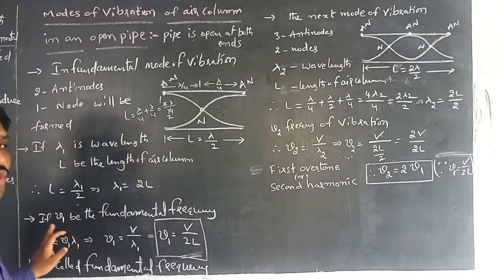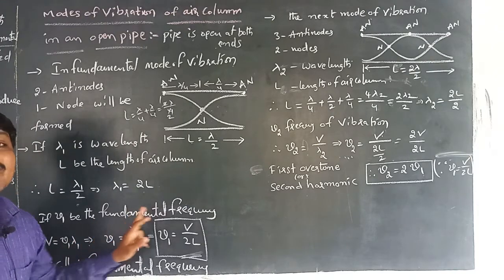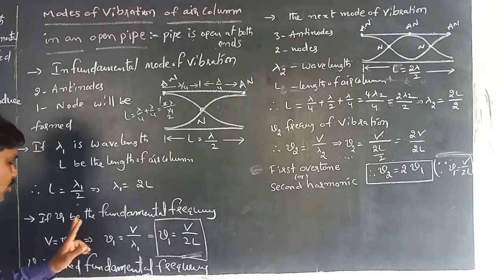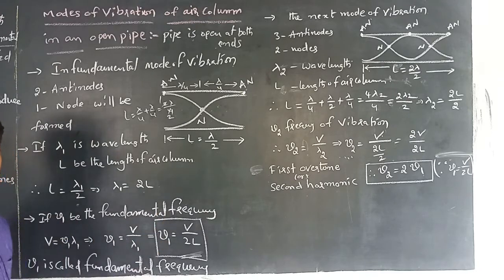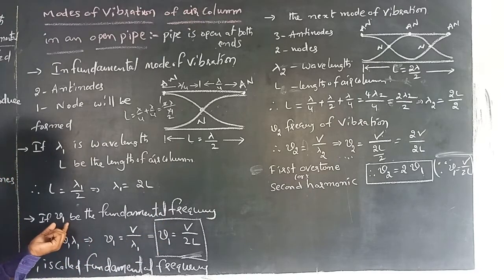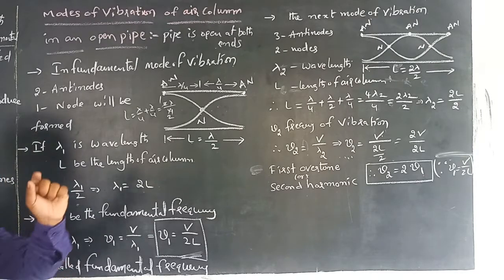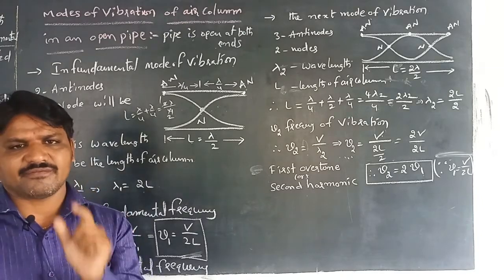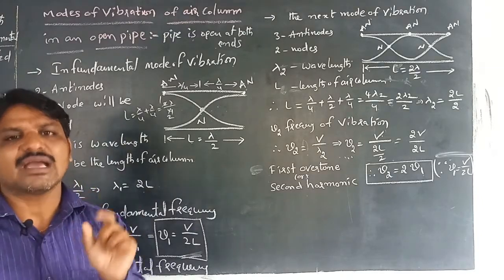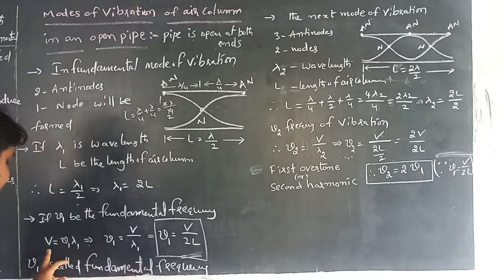If nu1 is the fundamental frequency, where frequency is denoted by nu, we know the formula for the speed of a wave in air: V is equal to nu lambda.